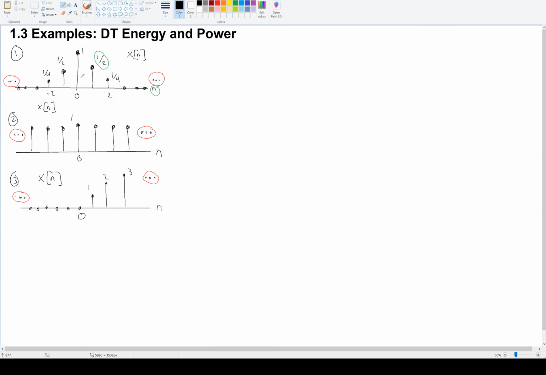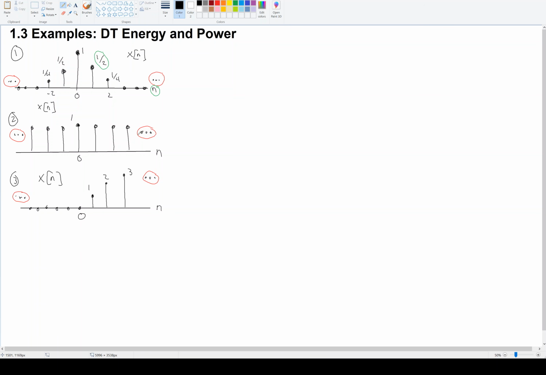So in the first example, we have 0, 0, 0, and then the ellipses. So you can guess that the signal is going to be 0 for the remainder of time. And over here, same thing to the left, the signal is going to be 0 for the beginning of time, way out here at minus infinity land.